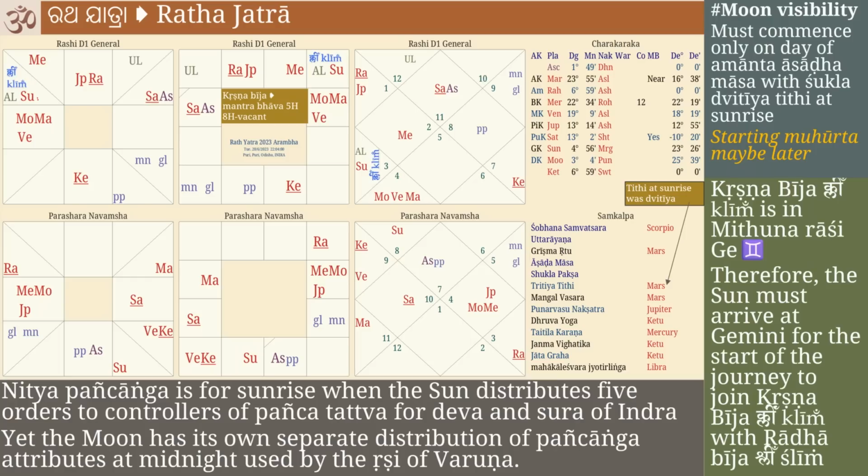So Surya has to be in Gemini. You can see that. Wherever Surya is, that is where the Kling Bija will be, in every Rashi. Surya will only respond to one sound, called Kling.